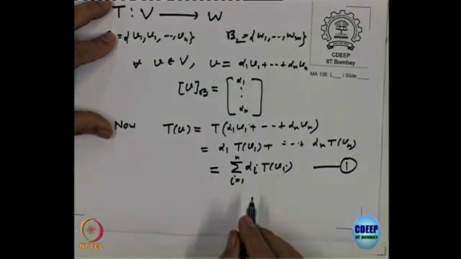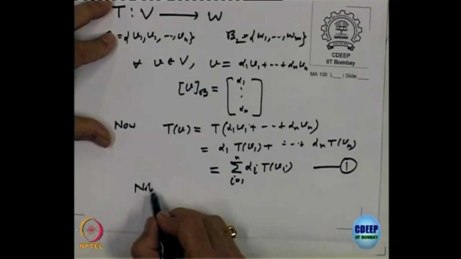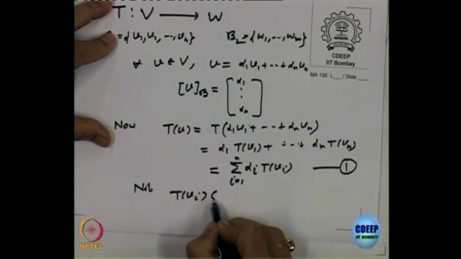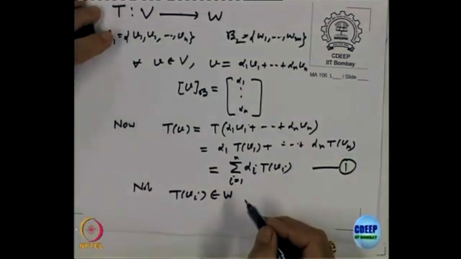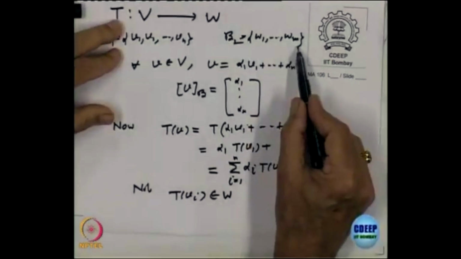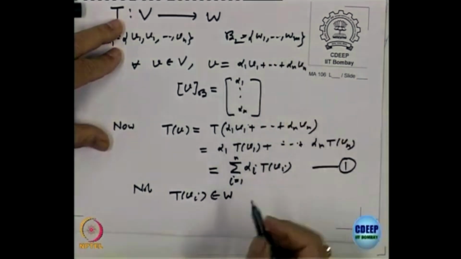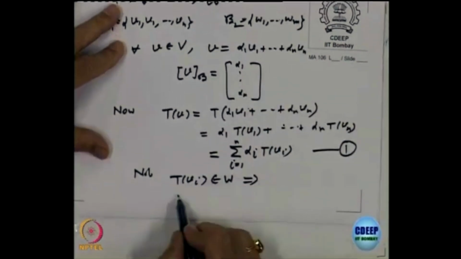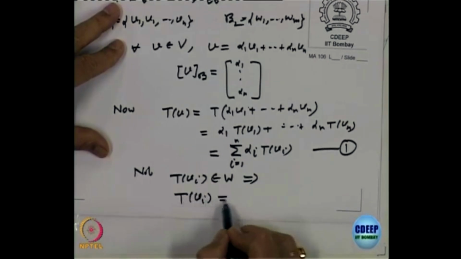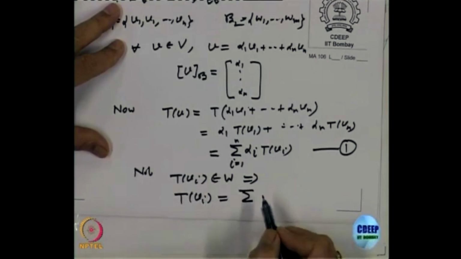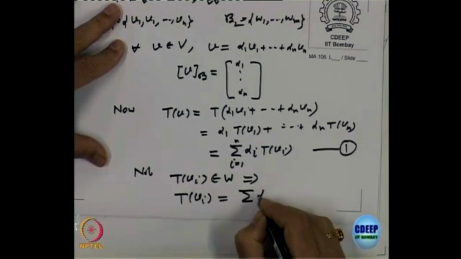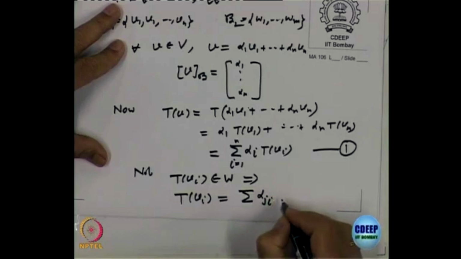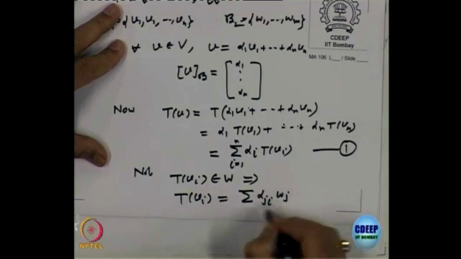What is T of Vi? Note that T of Vi belongs to W, and for W we have a basis W1, W2, ..., Wm. So T of Vi must be equal to a sum of scalar multiples of Wj, say sigma alpha j i Wj, j equal to 1 to m.